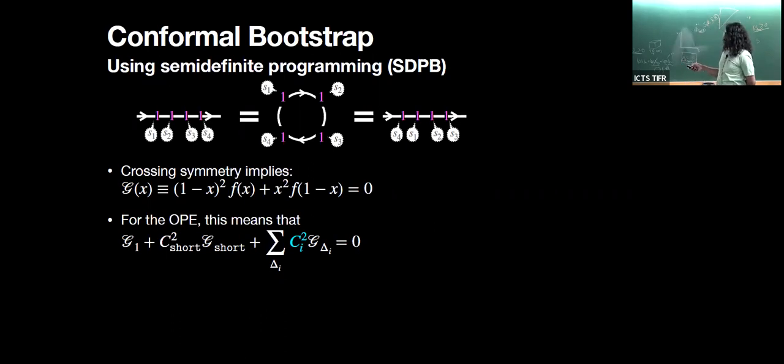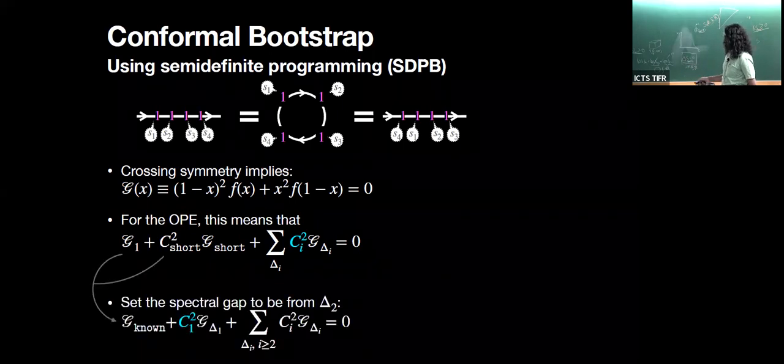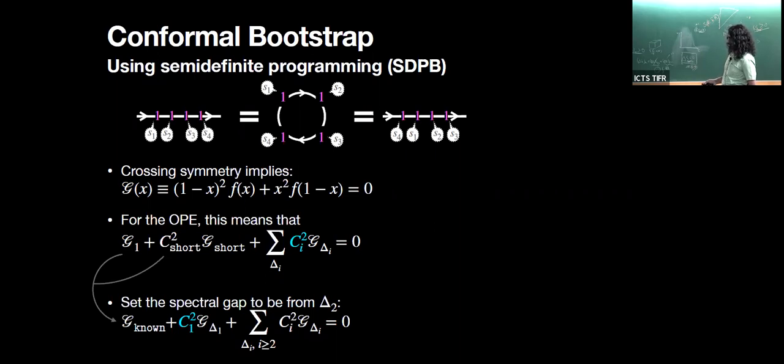So how do we implement the bootstrap? We do it in the following way. We take the known parts, put them together, and call it G known. Now we fix a structure constant which we want to study. In this case, it is C squared 1. This corresponds to the three-point function of two external phi perpendiculars and the lowest dimension chargeless operator phi parallel exchanged in the OPE.